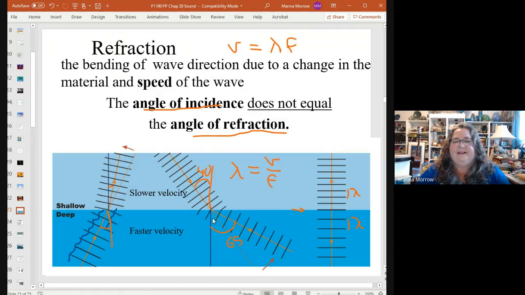So anyway, yes, again, it's a bigger angle in the faster water here, and a smaller angle in the slower portion. So anyway, we'll be looking at this more when we get to light. But right now, you merely have to understand that waves will change their direction when they hit a material with different characteristics.